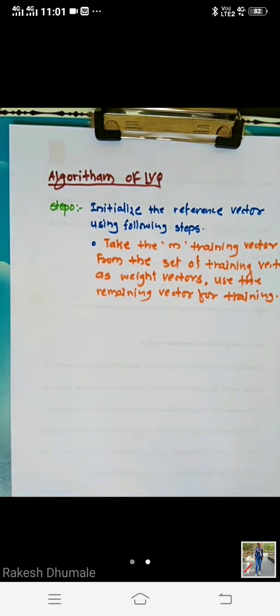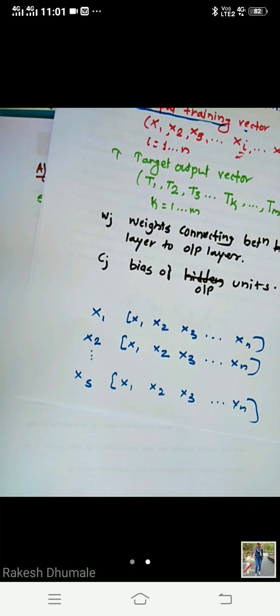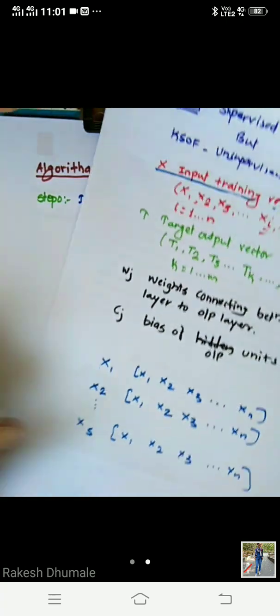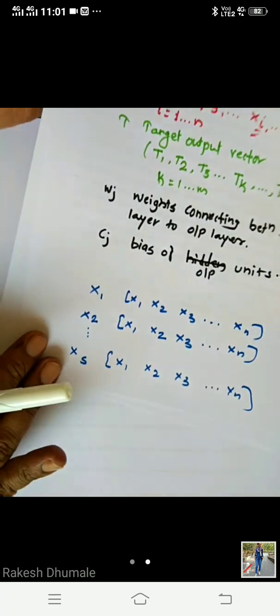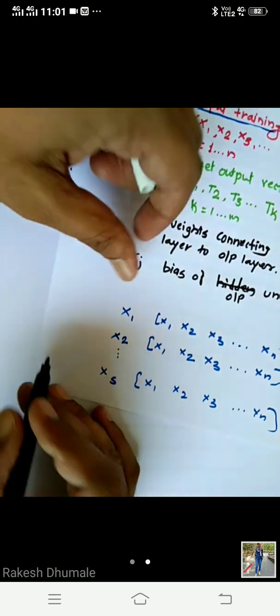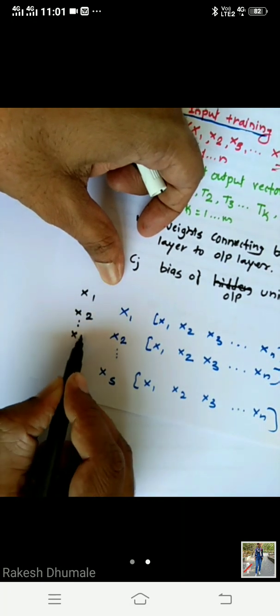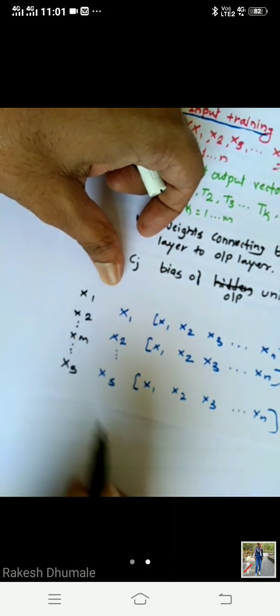Now here, as I said, let us consider there are x1 to xs. These are the number of input vectors. Out of this number of input vectors, let us consider, I will show here x1, x2, then xm, and then xs, correct?